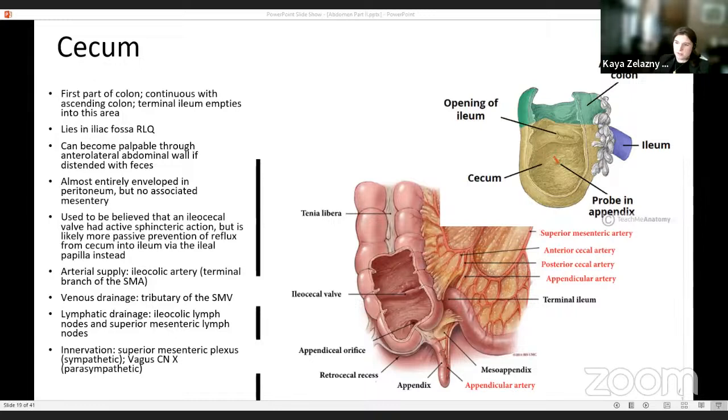Innervation is coming from the superior mesenteric plexus when we're thinking about sympathetics, and still vagus if we're thinking about parasympathetics. So if we remember the words ileocolic and superior mesenteric when we're thinking about the cecum, we should be good to go.